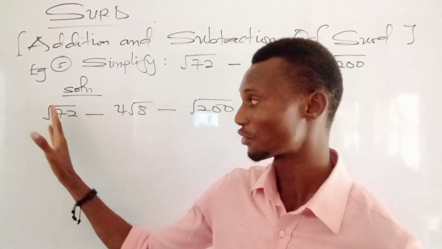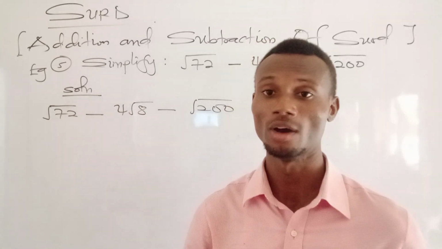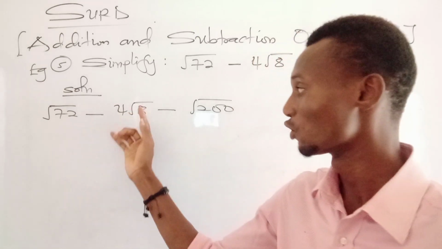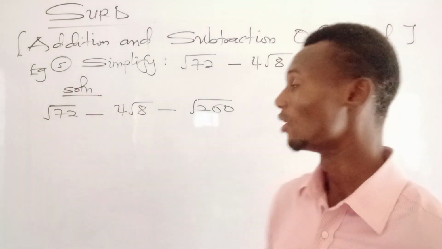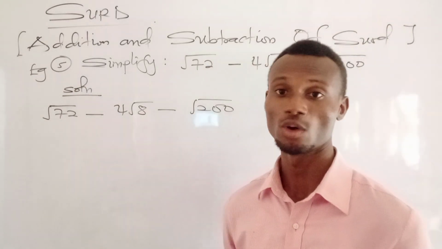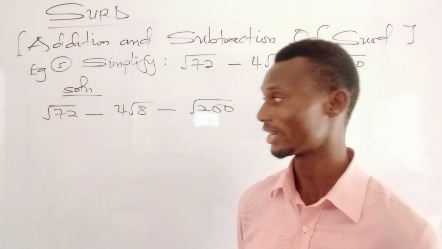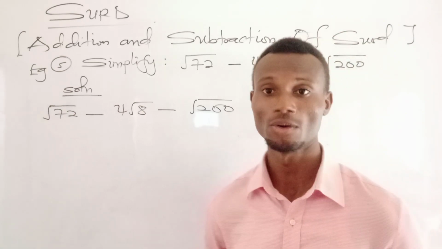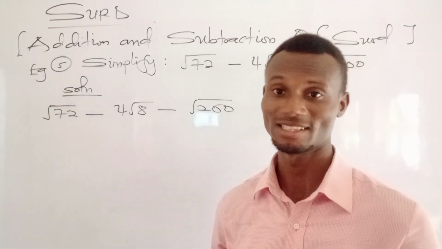Also square root of 8, we are going to simplify it as well, and square root of 200, we are going to simplify it as well using the knowledge that we've had on simplification of surds. Then after, we will see that there will be like terms for us to group and simplify further.